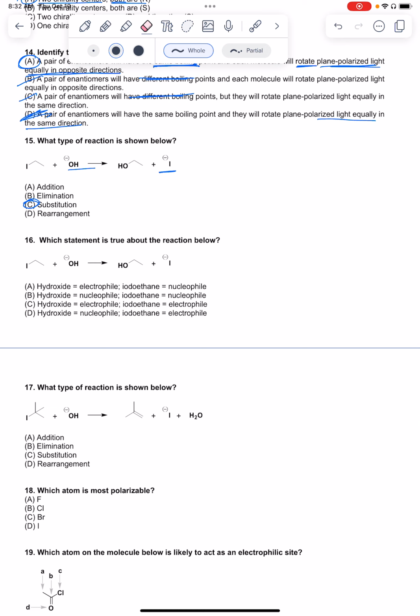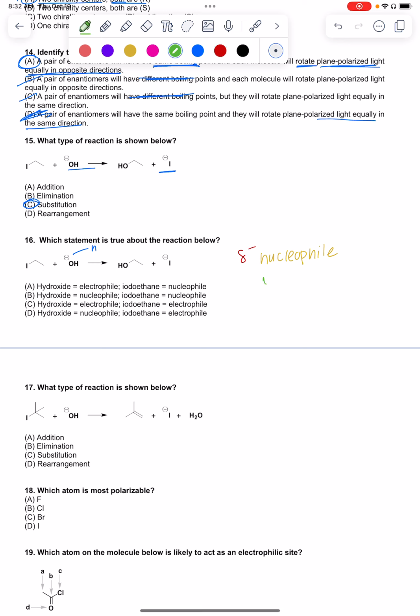Which statement is true about the reaction? All right, well, we've got the same reaction here. And remember that if there's a negative charge on something, it's most likely going to be a nucleophile. I write this out. Nucleophile: it wants to be near positive stuff, so that means it's going to be a negative charge, right?